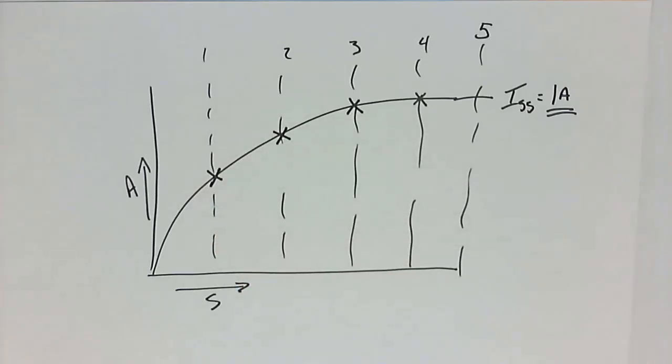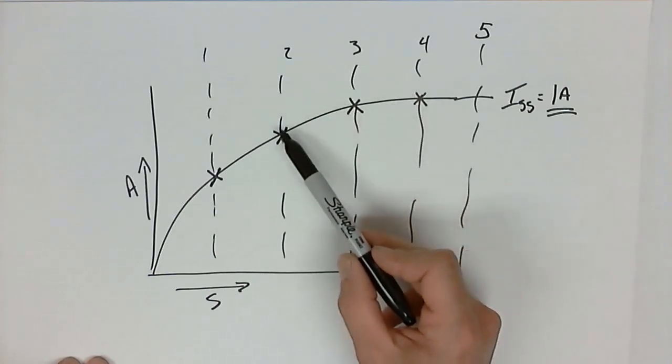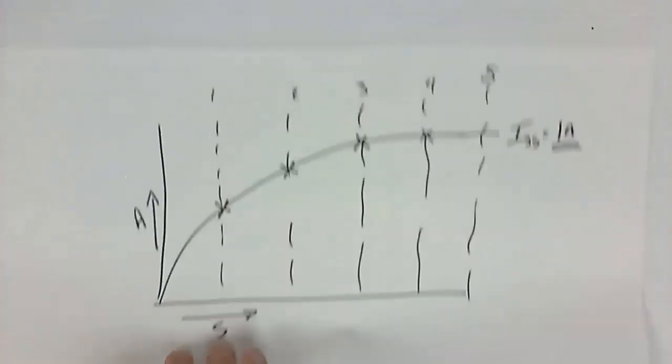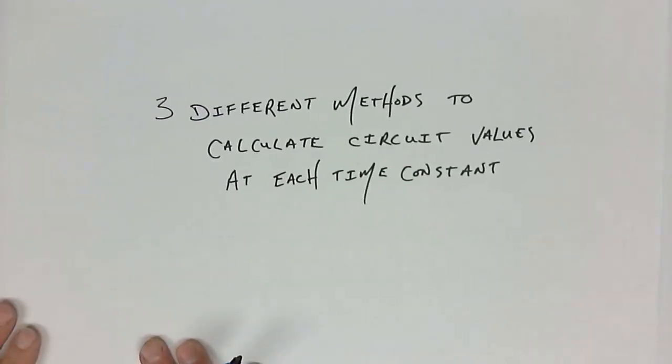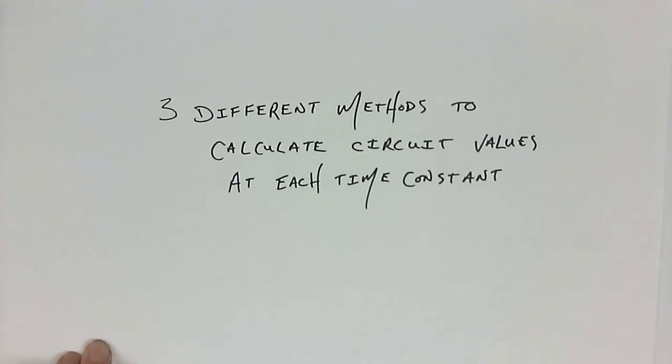And so that brings up 3 different methods of calculating the instantaneous value of current, or circuit value, at each of the time constants. I'm going to show you each of the 3, and then I'm going to sort of lead you towards the one that I think you probably will want to use because it's easy. Let's face it, easy is king.